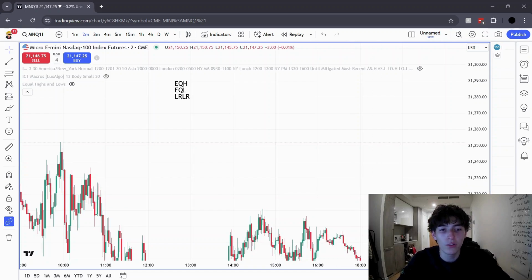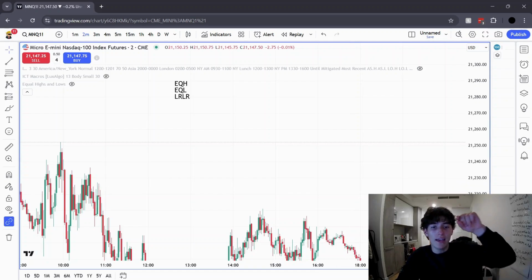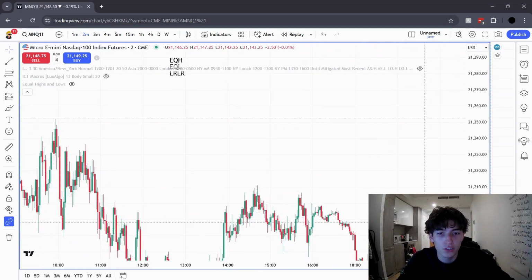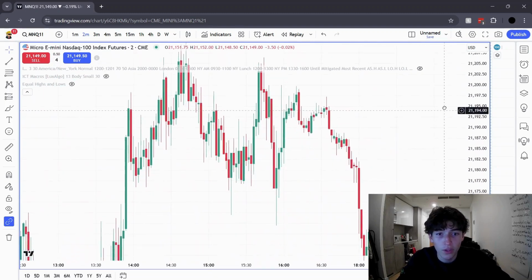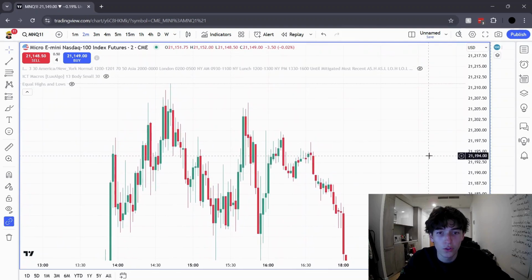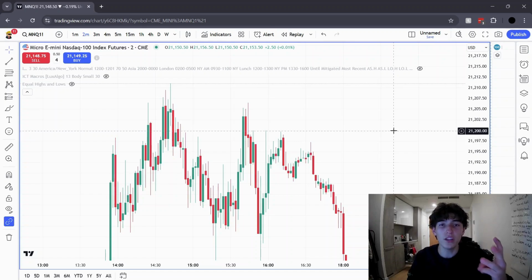So two points in the market where it stopped at the same point, like the same high. And there's actually a good example right here. So here we actually have, I'd say, three equal highs.